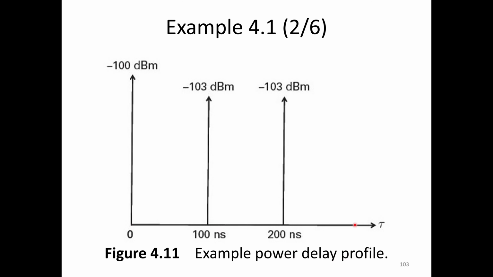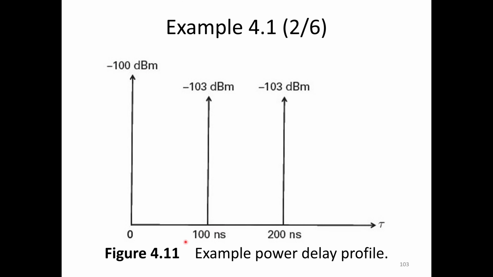The x-axis is tau, which is the delay, and the y-axis is the power. When tau is equal to 0 nanosecond, there is an impulse, and the amplitude of the impulse is negative 100 dBm.